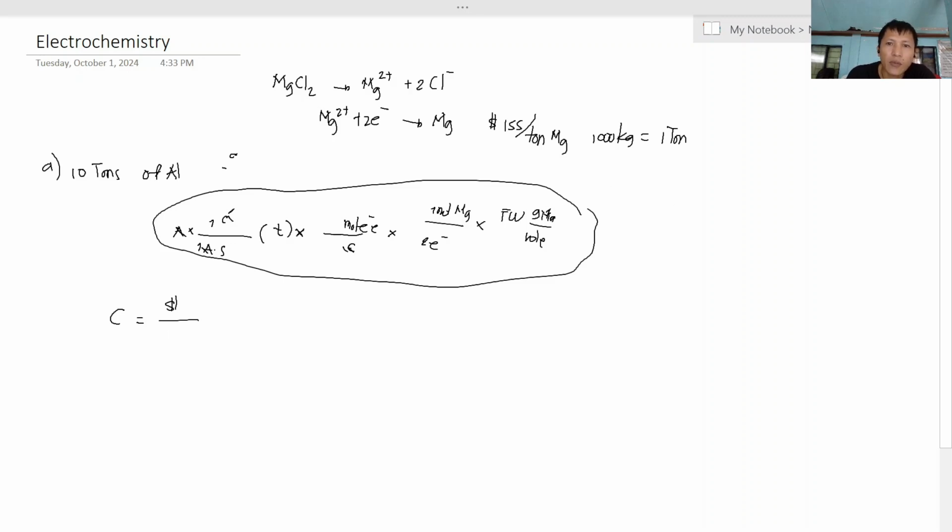If we convert this, of course, from grams to tons, that is kilograms and tons. So this whole thing, let's say this is the mass of magnesium, so dollars per mass of magnesium. Now, we will go back to the question.